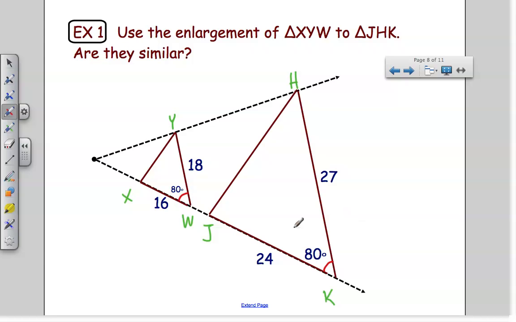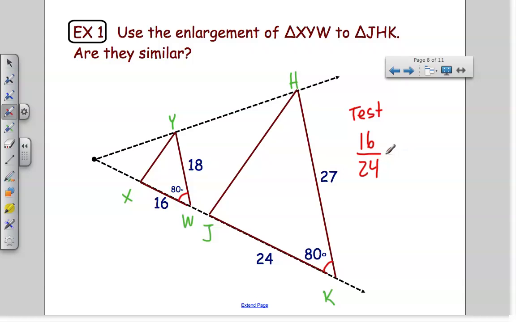I now have a congruent angle, and I am given the lengths of the sides around that angle. Potentially, this could be side-angle-side similarity, but I would need these sides to be in the same ratio. So I'm testing, is 16 compared to 24 going to be the same ratio as 18 to 27?